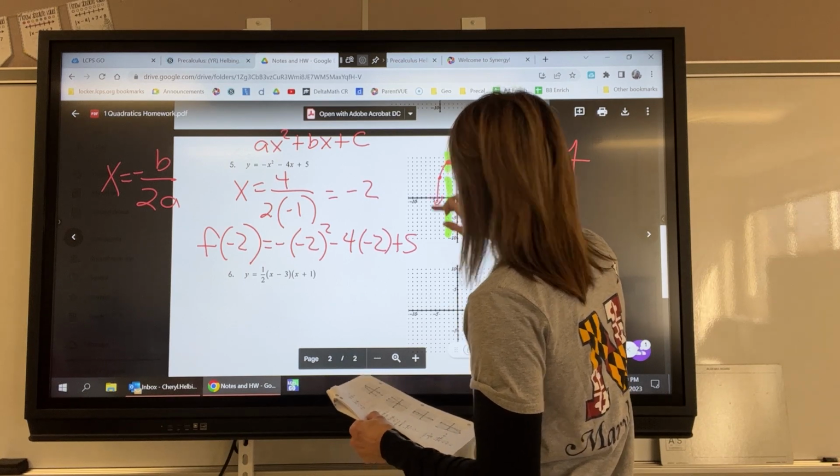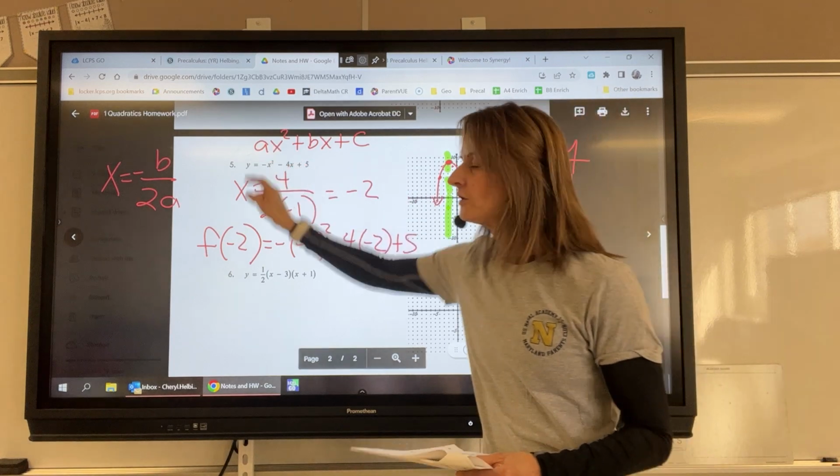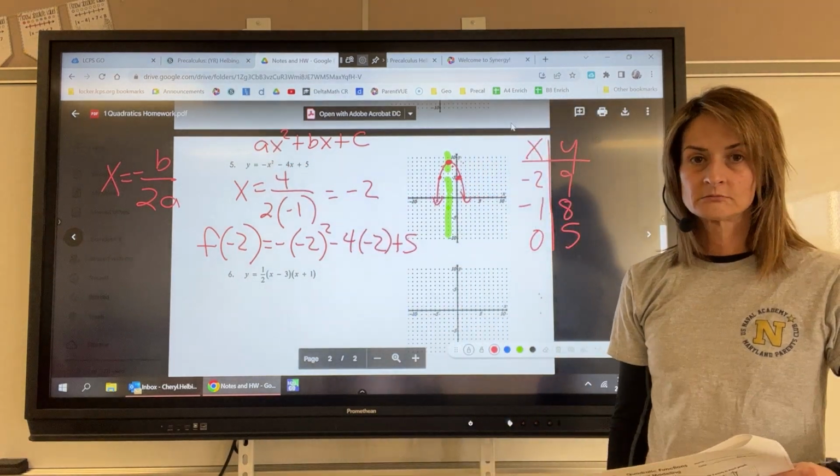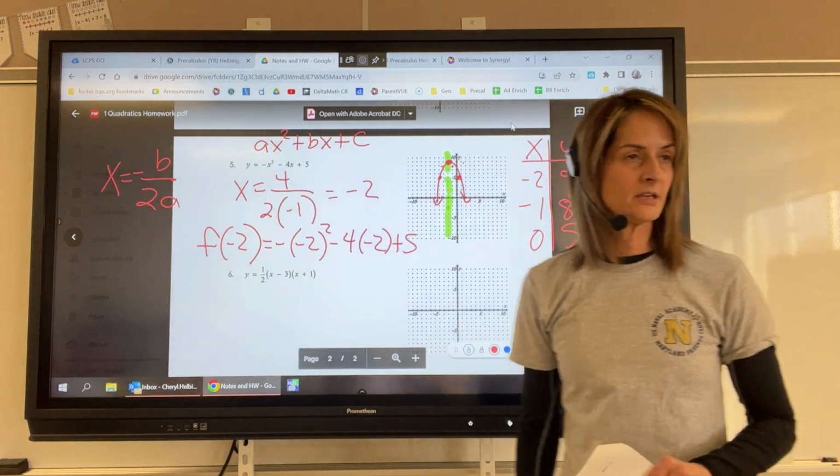And we know it's opening down because the leading coefficient is negative. Are we good? That's how you graph in standard form.